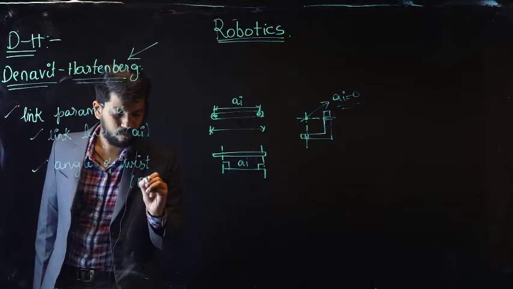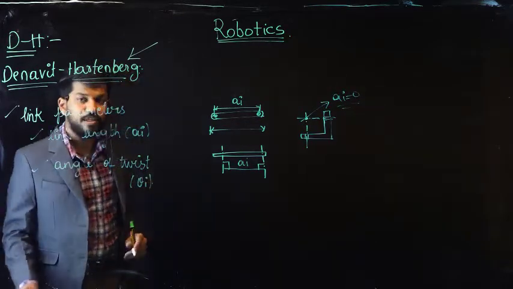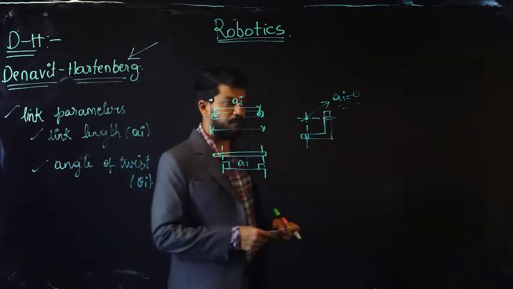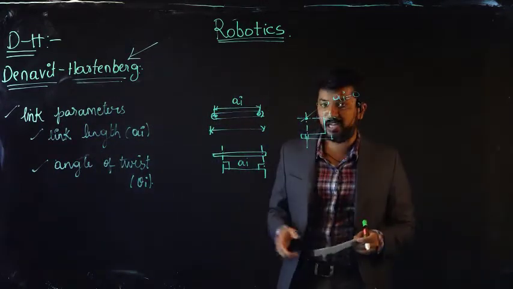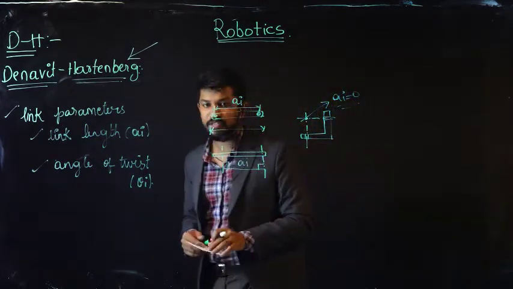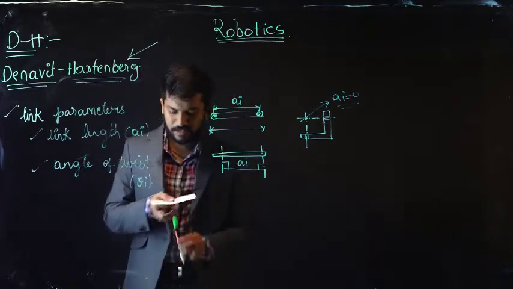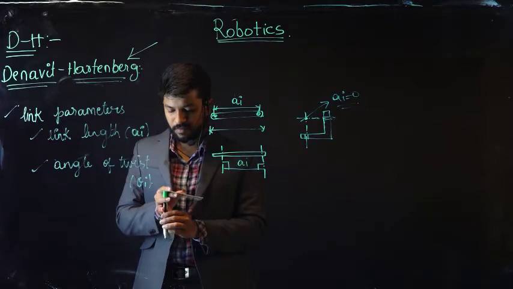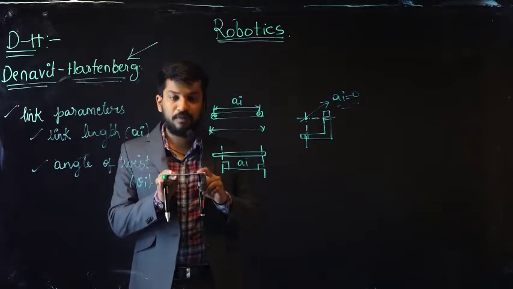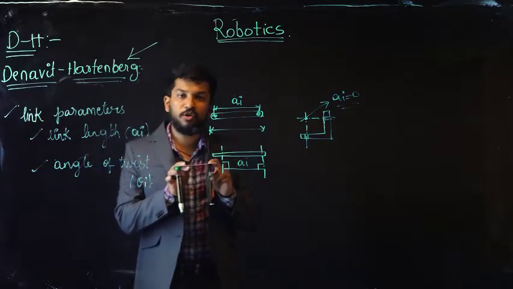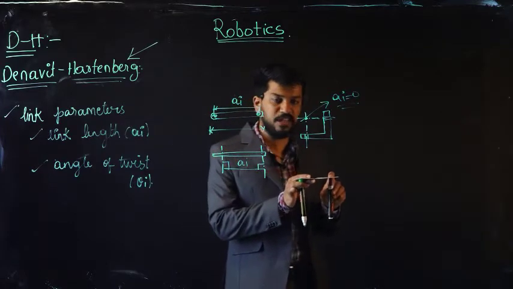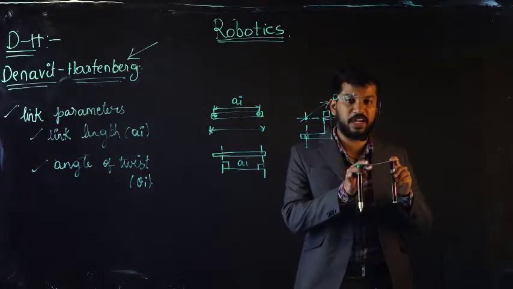Now we move to the second parameter, the angle of twist. What is this angle of twist, and how do we calculate it? Suppose, as I have already said, I have two axes, somewhere over here and somewhere over here. This link is completely coplanar. It does not have any twist or any kind of orientation.